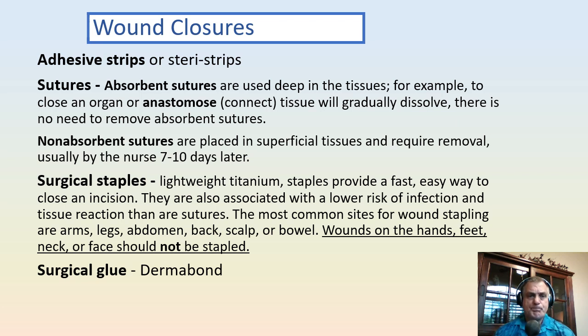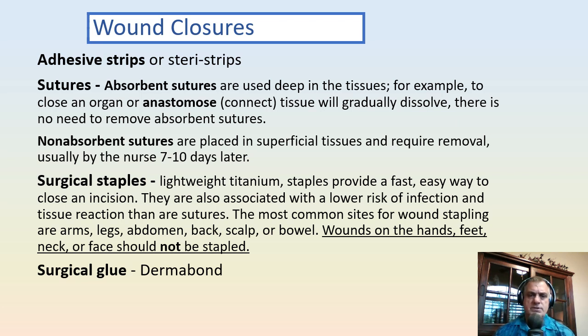But when you have just general non-absorbent sutures, they're over the top of the skin, and those come in all types of suture. They're strong, and they're often used for most wounds, especially where it's a very prominent area, like a bony prominence, so like your chin, because you bump your chin, or over the eye where somebody's been hit real hard and it put a laceration over their eye.